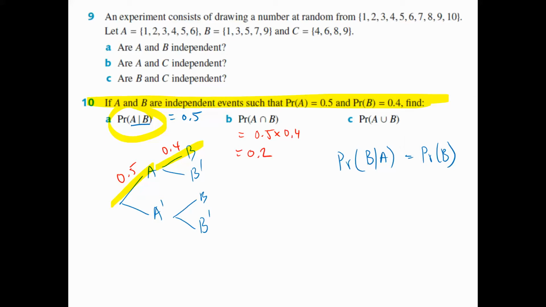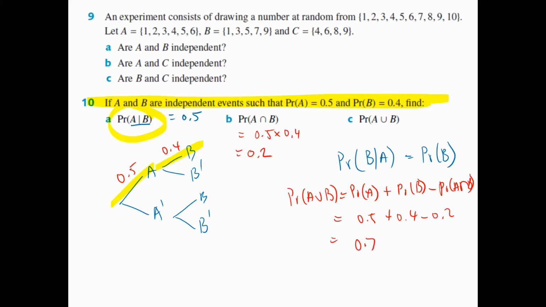And then A union B. Like I said, every time you see a union, you should be thinking of the addition rule: the probability of A union B is equivalent to the probability of A plus the probability of B, subtract the intersection between them. Now you have every piece of information given: 0.5 plus 0.4, take away 0.2, so the answer has to be 0.7.